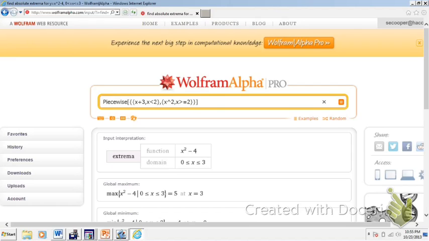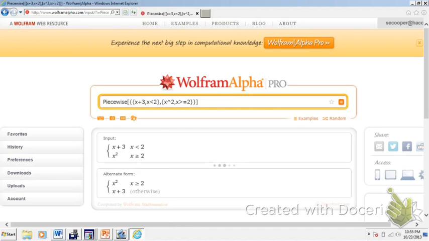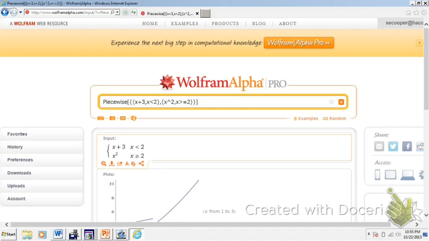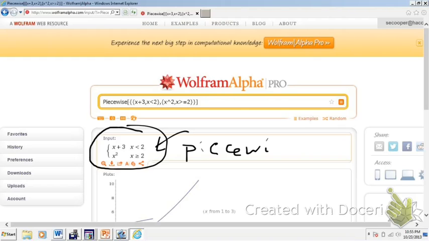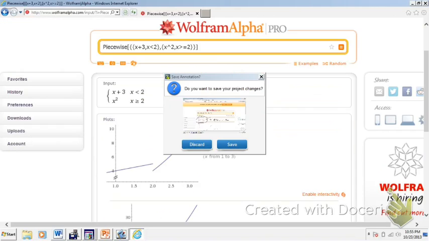Let's hit enter. And what's neat is however you type it in, you'll know if it accepted what you wrote, because it'll put the input over here. Yeah, that's what I was trying to say, right? So you do have a piecewise defined function. And then the nice part is it's going to graph it for you right here.